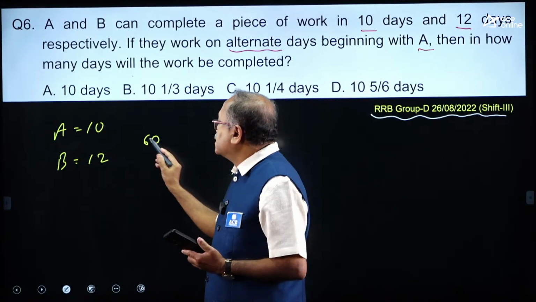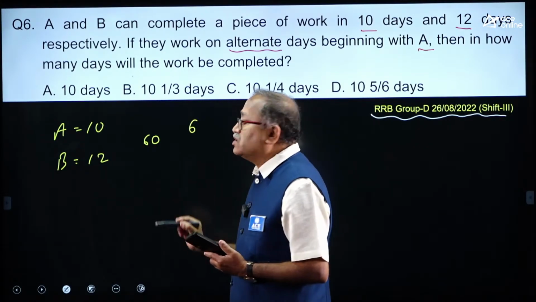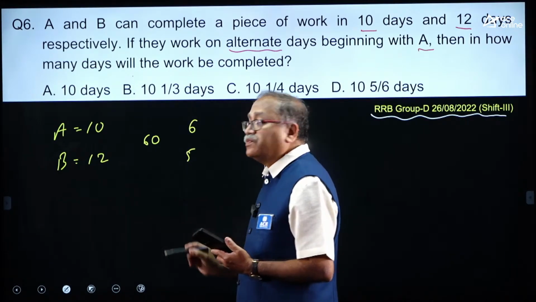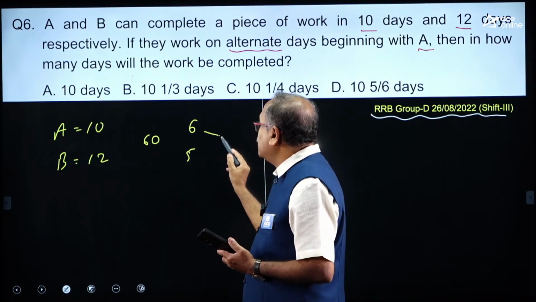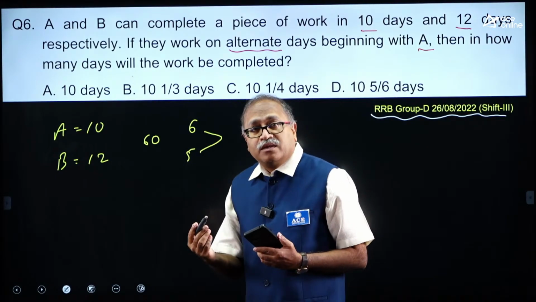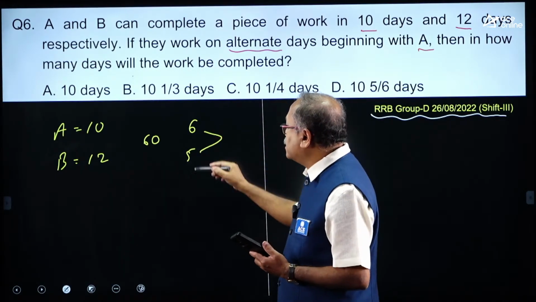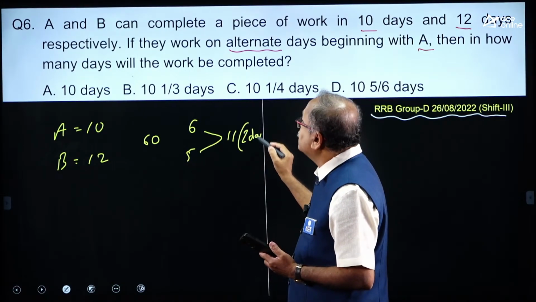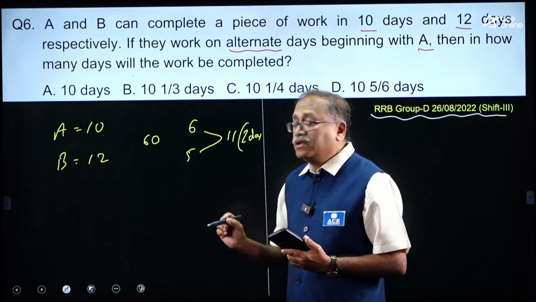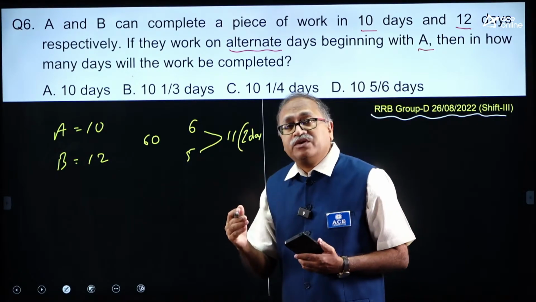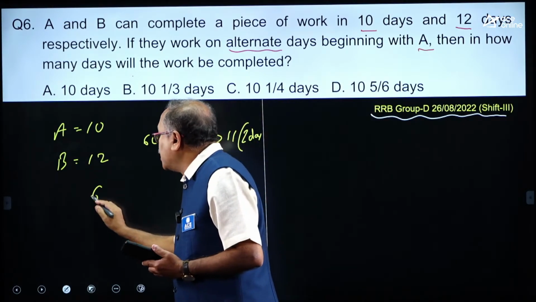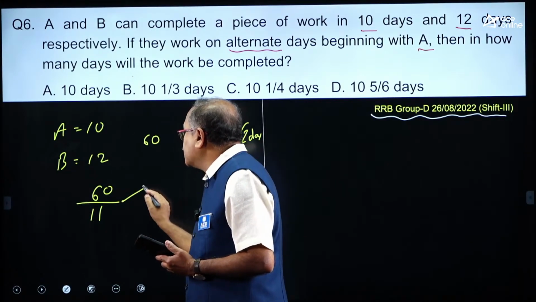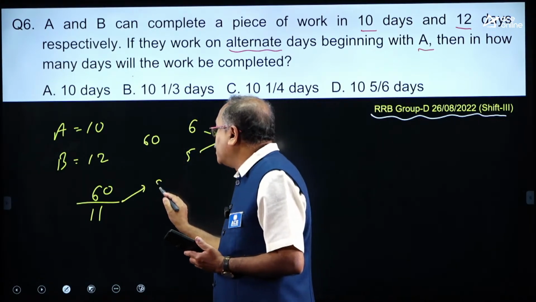So 60 divided by 10, that is 6 units by A, and 60 divided by 12, that is 5 units by B, and together they are working, so it is 11 units for every 2 days, because they are working on alternate days. So divide this 60 by 11. You will get 5 times, so that is 55.